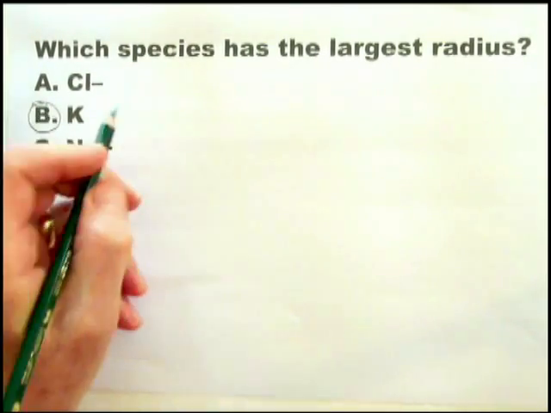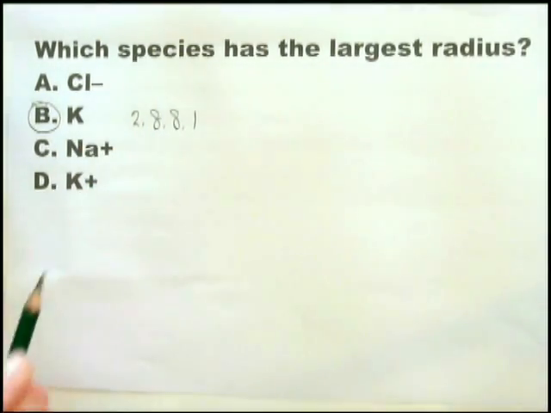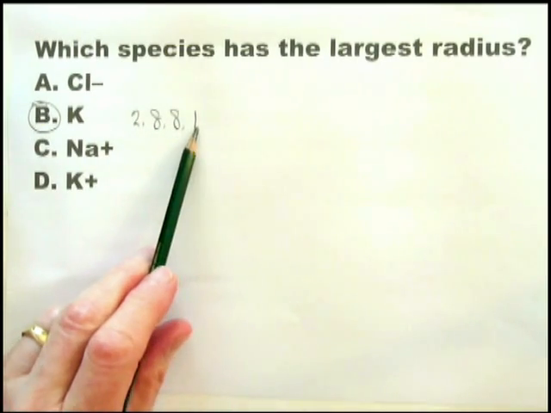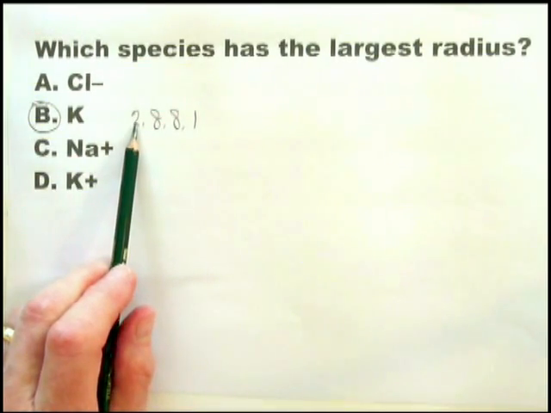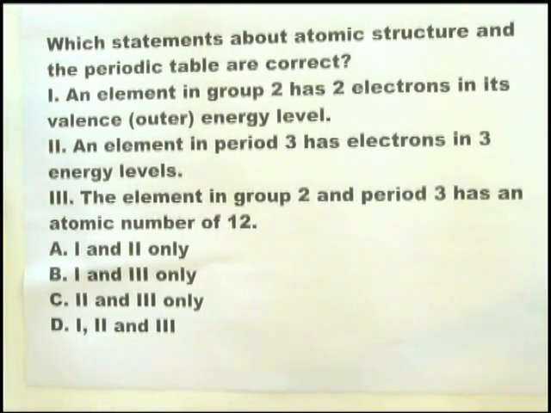K is 2881, and none of the others have all 4 electron orbits. That's significant.